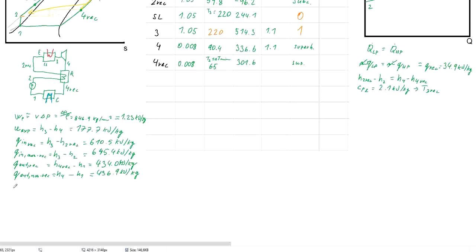So we can get to the efficiency of the cycle when we have the recuperation, which is work of the cycle over here. So work of the cycle is the work of the expander minus work of the pump.